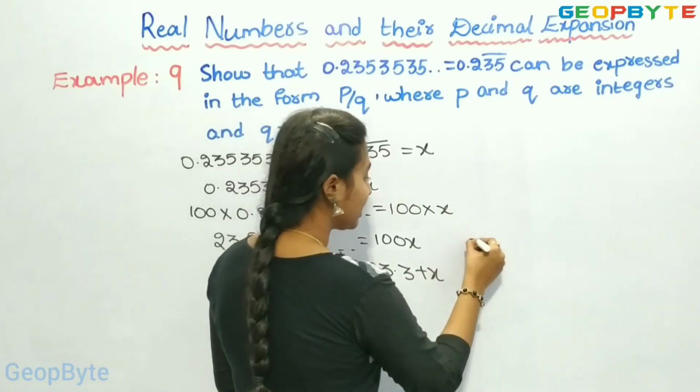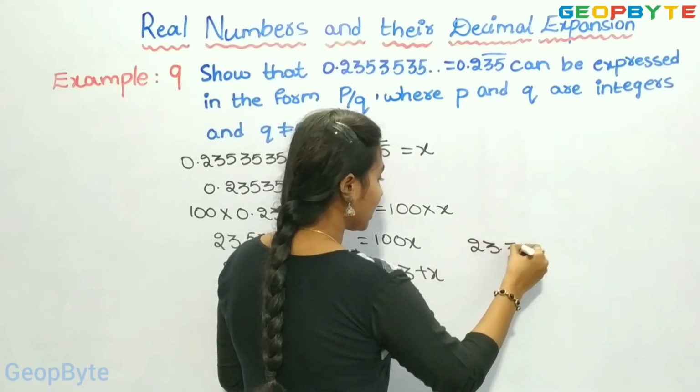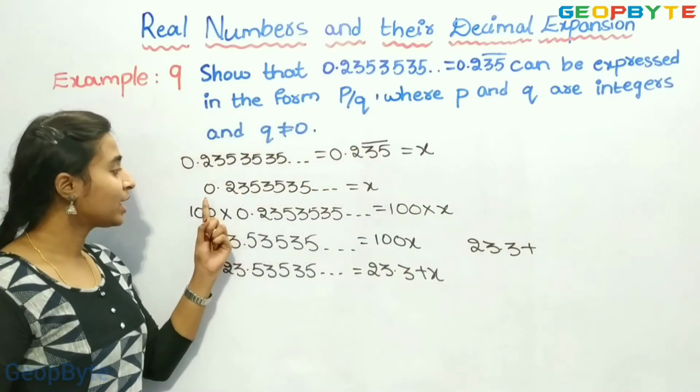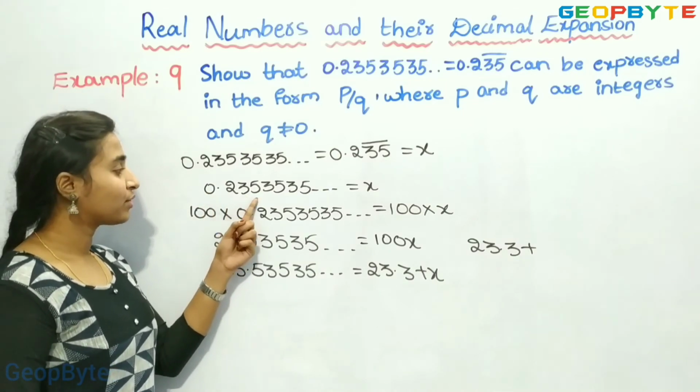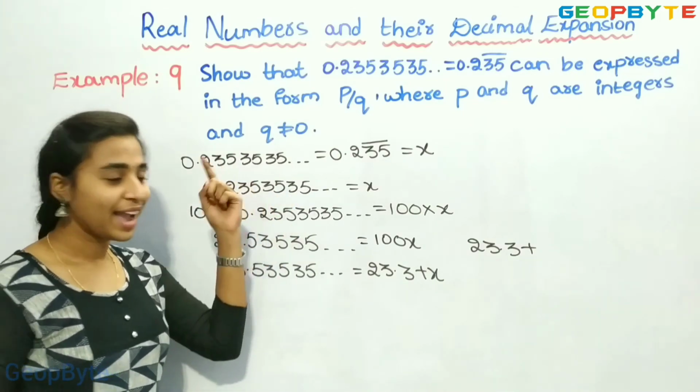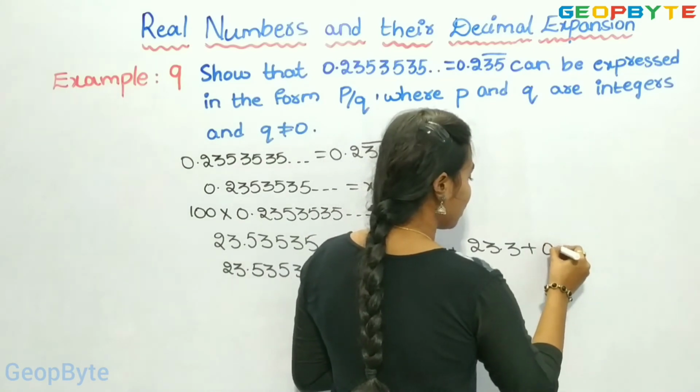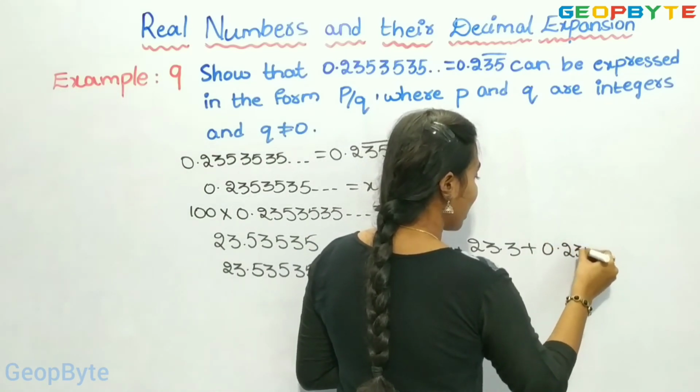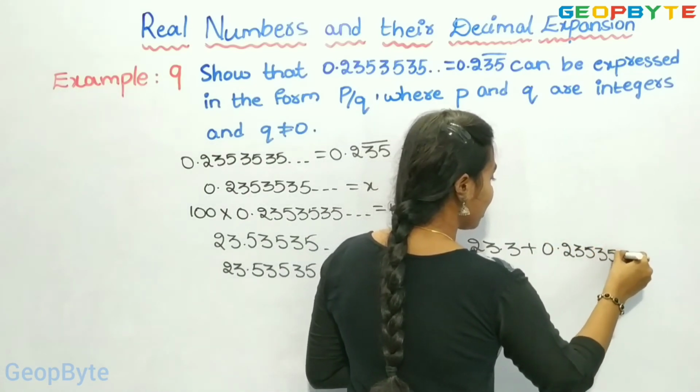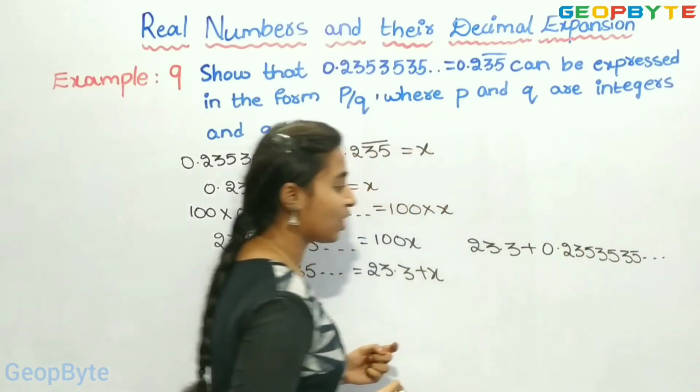See, 23.3 plus X is nothing but 0.2353535 and so on.